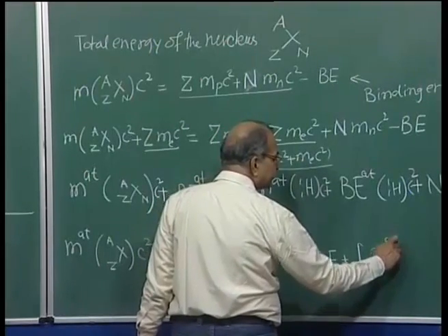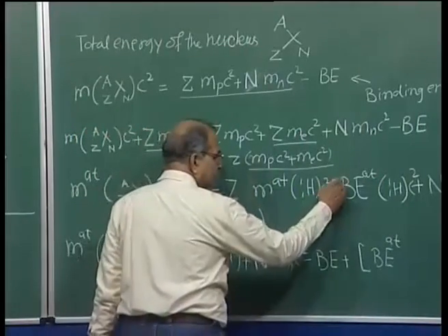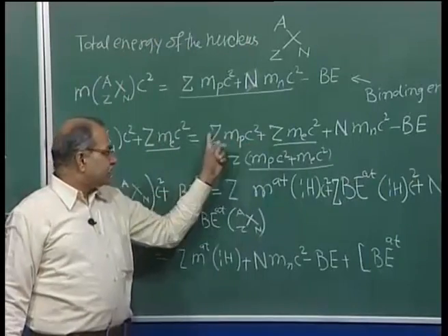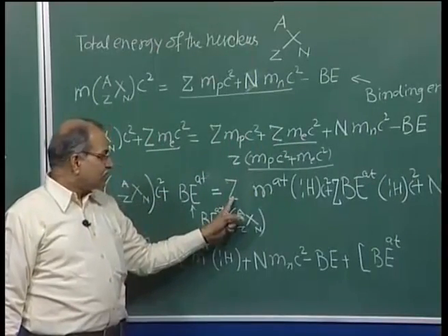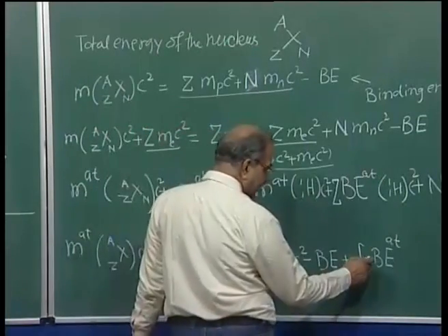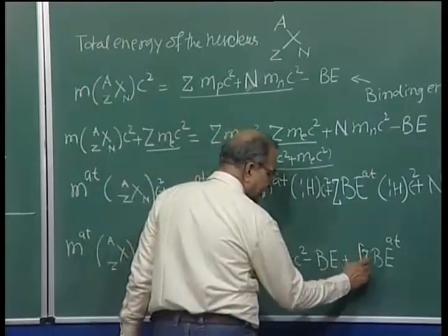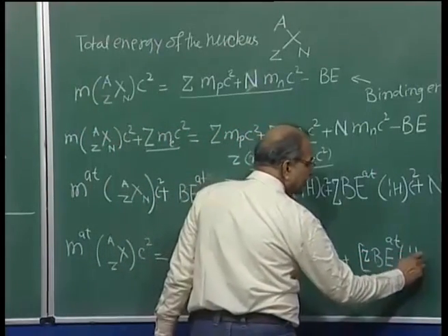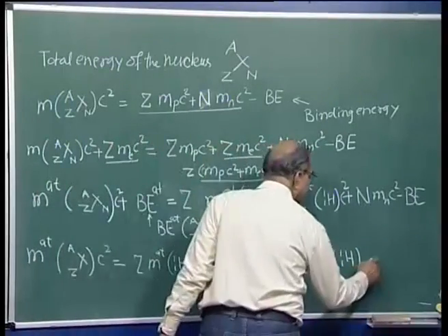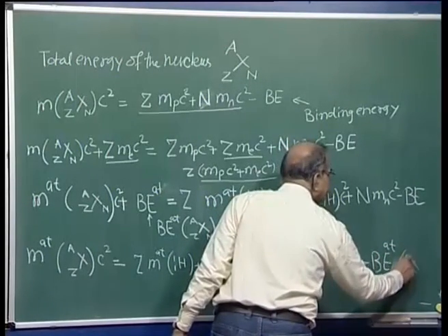Where is Z? So many slips. This Z that I had taken common will also appear here. So, Z times the binding energy of 1H1, and minus the atomic binding energy of AZN.